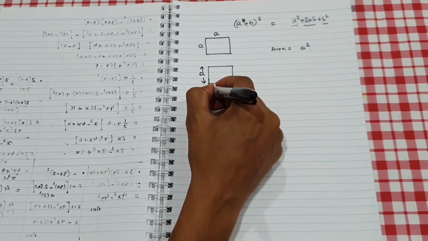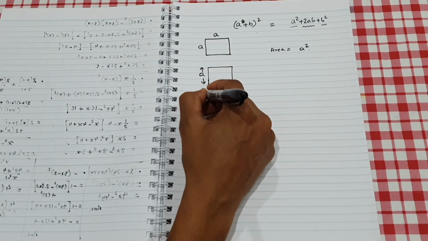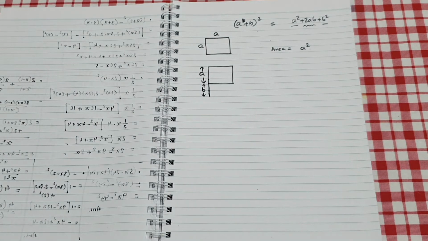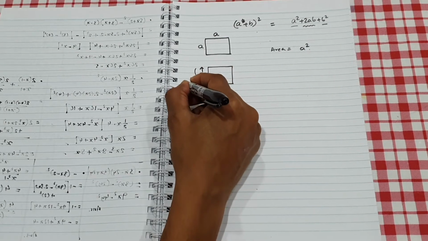If I add another quantity on this, and I call that B, this part is B, what would be the whole square of that? So this entire value is A plus B.